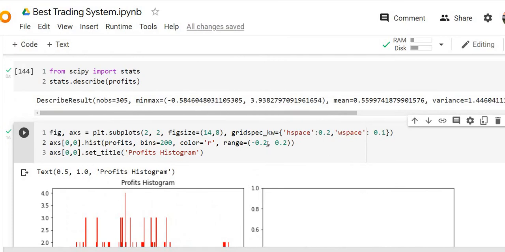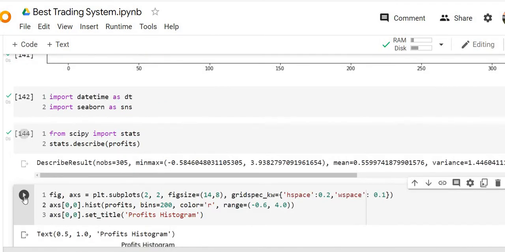So in this case we need to put in the information exactly received from the min-max results, so we will understand better. For example, for the negative side it's minus 0.6, and for the positive side it's 4.0.